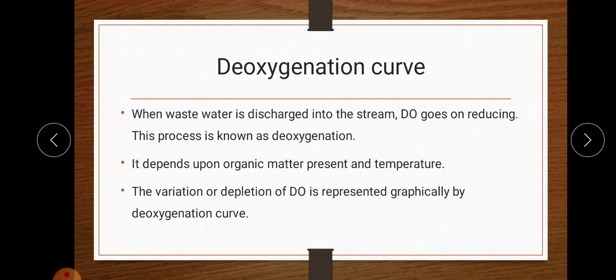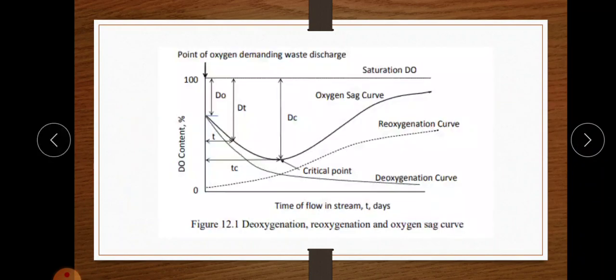This reduction of dissolved oxygen is known as deoxygenation, and it depends upon the organic matter present and also the temperature. The depletion of dissolved oxygen is represented graphically by the deoxygenation curve.